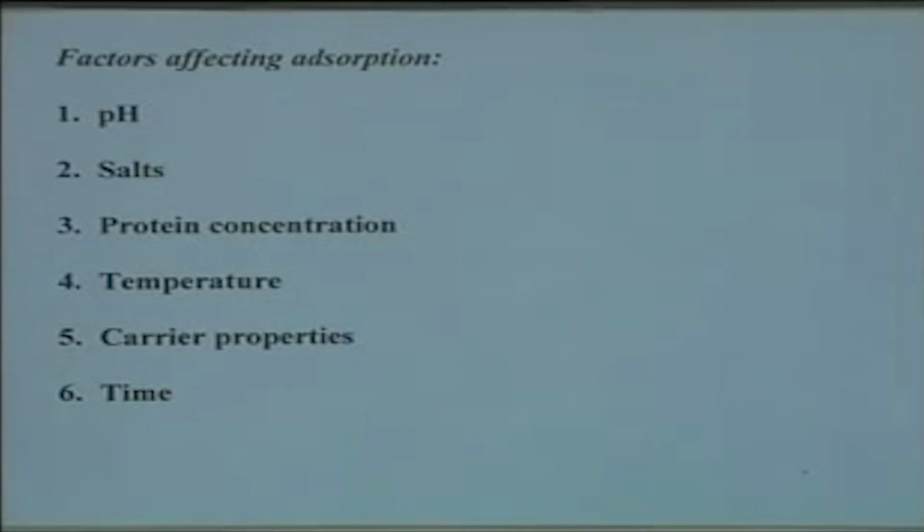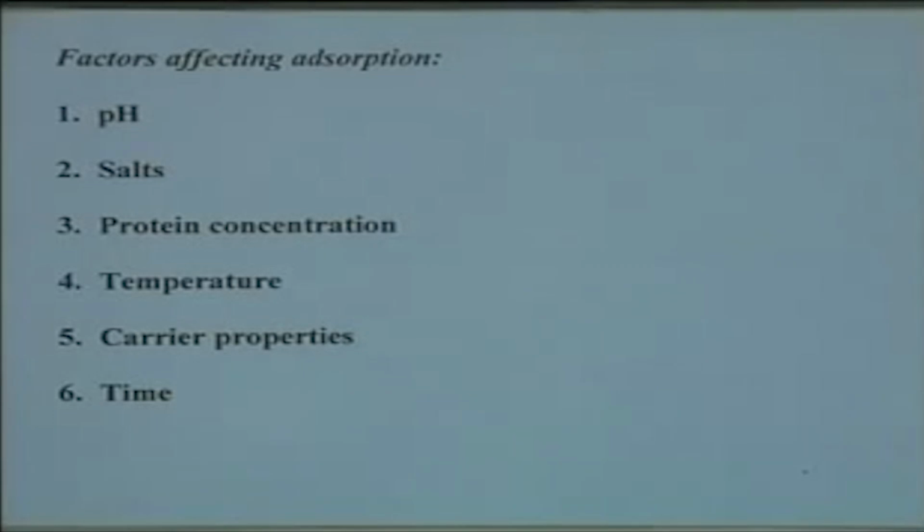Now, many physical factors influence the adsorption process. Some of them I have listed here. The first parameter is pH. Of course, pH is a very major parameter which will affect the binding, in the case of ionic binding. Even for other forms of binding, pH plays a key role, and very often it has been noted that binding by adsorption is maximum at the enzyme's isoelectric point.